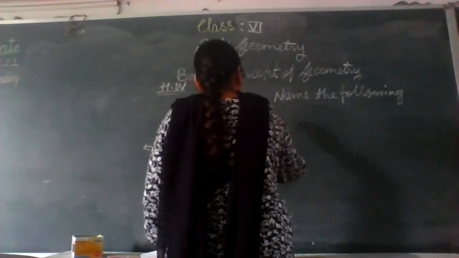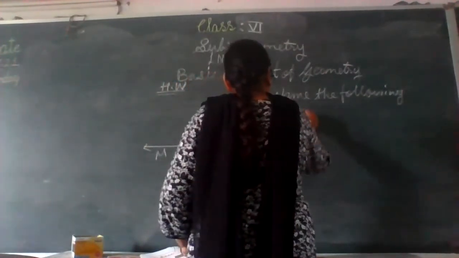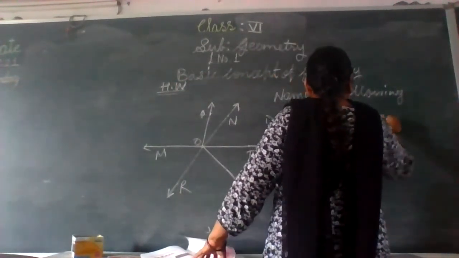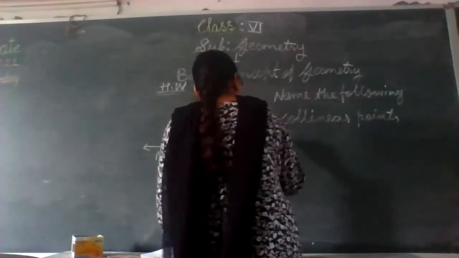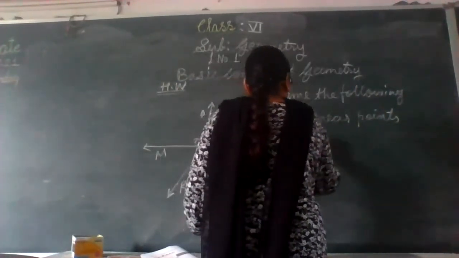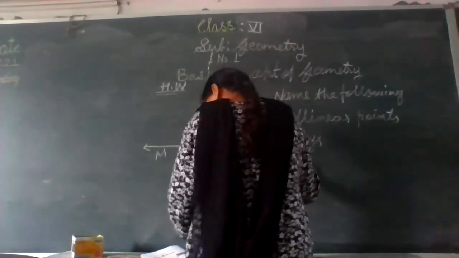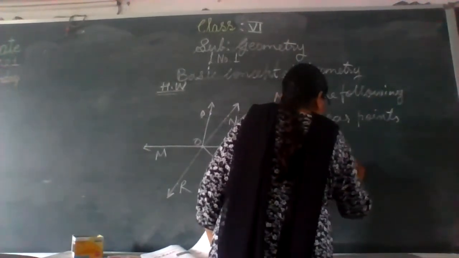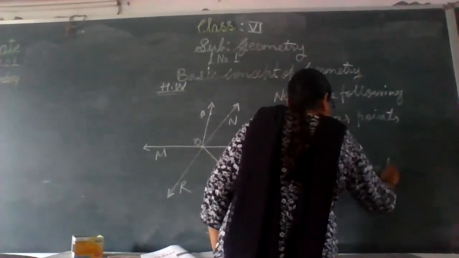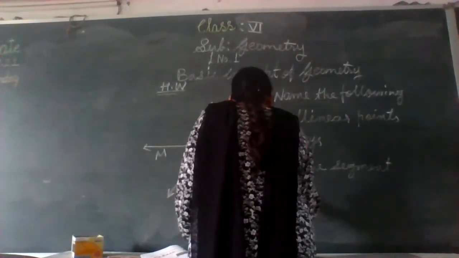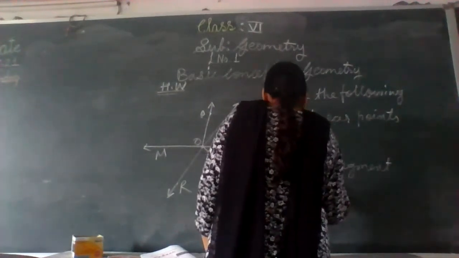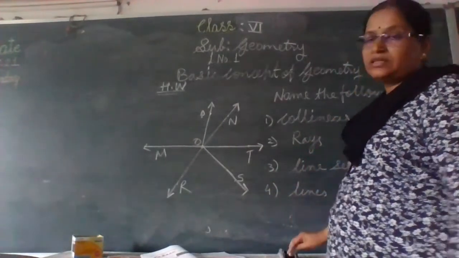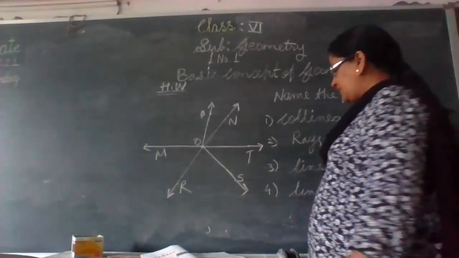First, collinear points. Second, rays. Third, line segments. And the fourth one is lines. So from this figure, you have to write all the lines, all the rays, all the line segments, and all the collinear points. Got it, beta? So it is now homework.